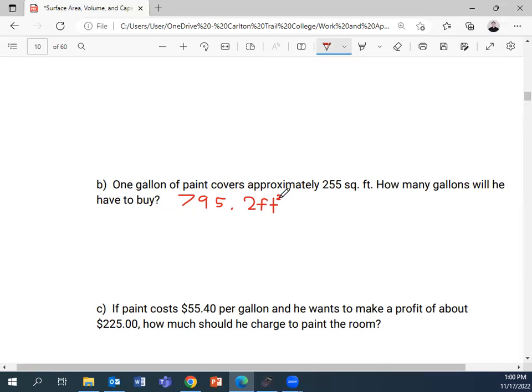That's how much surface area I need to paint. I had to do this when I painted my house. I had to calculate how much 1 gallon of paint covers, how much that costs, how many coats, all this stuff. So this is how much I have, and this is how much 1 gallon covers. How many gallons would I have to buy? How can I figure this out?